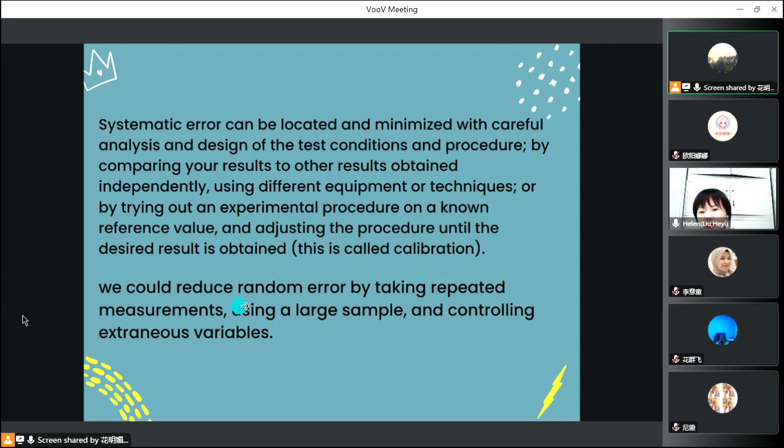We could reduce random measurement errors by taking repeated measurements, using a large sample, and controlling extraneous variables. Yes, very good.